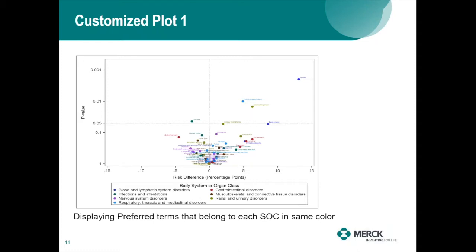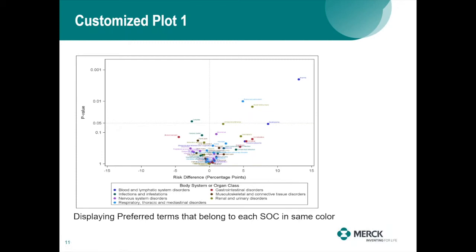So in this plot, we have displayed all AEs pertaining to an SOC in the same color and labeled them. The dashed line on the y-axis is the p-value at 0.05.